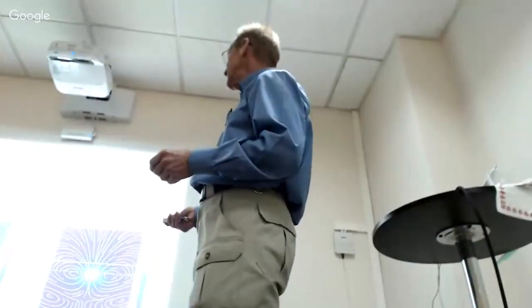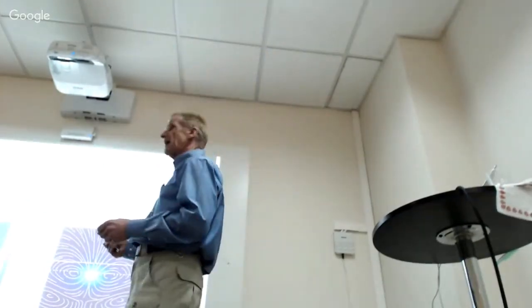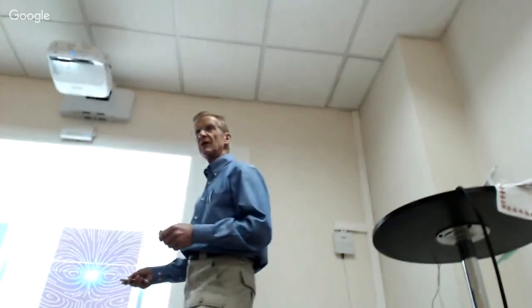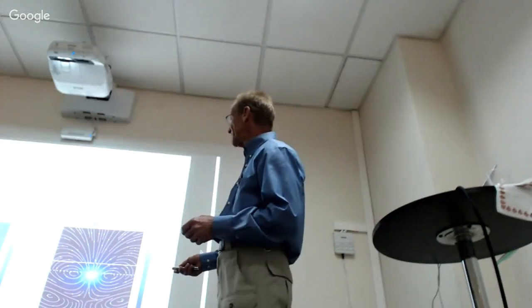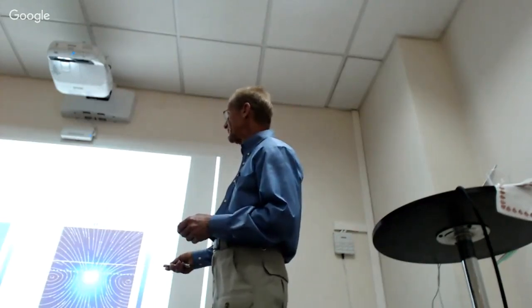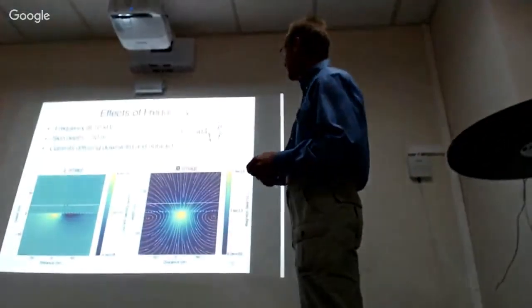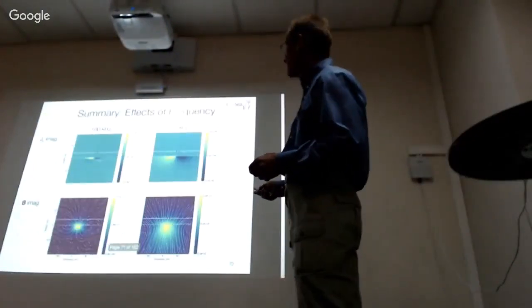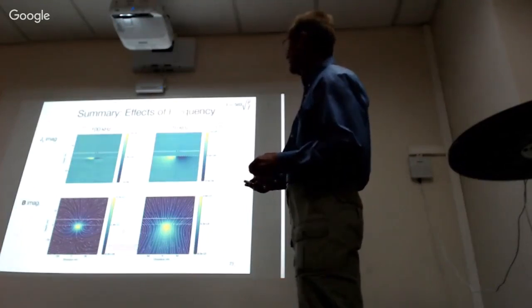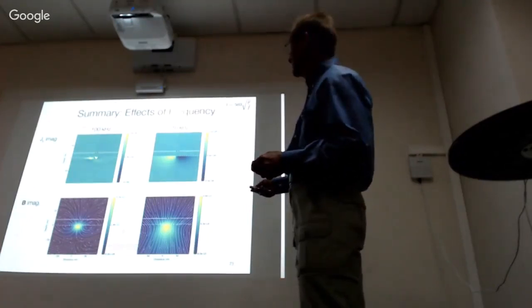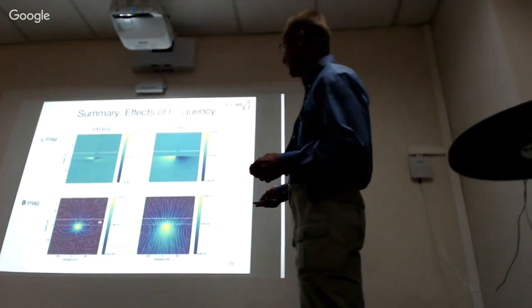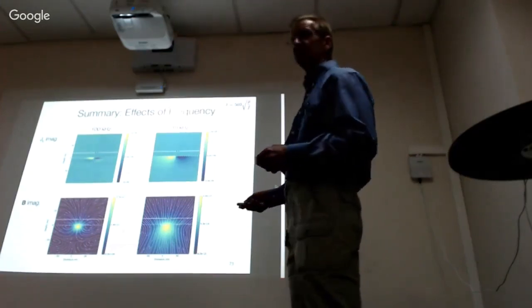Just the same as in the time domain, at a high frequency, things are going to be induced very close to the surface of the Earth. At a lower frequency, they propagate further. So again, in the frequency domain, we've got the skin depth quantity. The bottom line with the effects of frequency: high frequencies see shallow, low frequencies see deeper. Both sets of currents give rise to magnetic fields, and we're going to be measuring something up here.